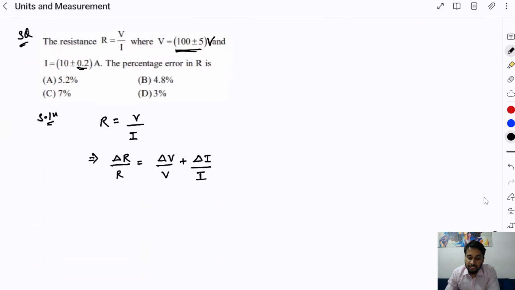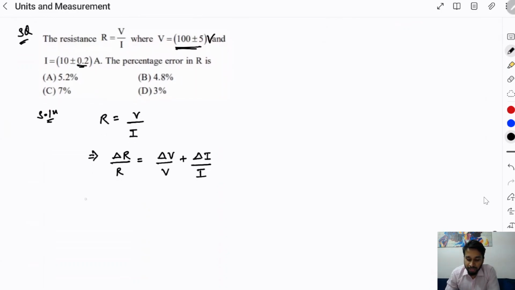Now for percentage error, what we can do is we can multiply both sides by 100. So delta R by R into 100 will be equal to delta V by V into 100 plus delta I by I into 100.